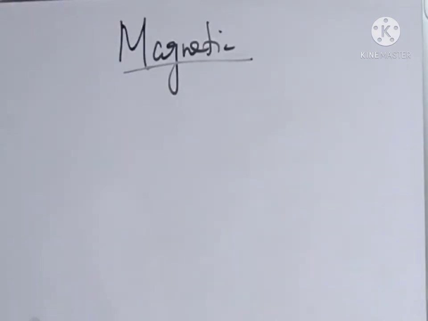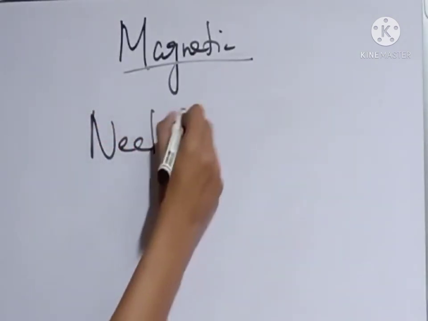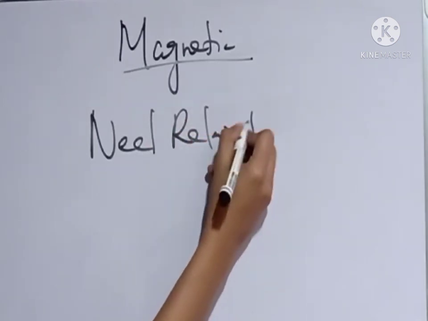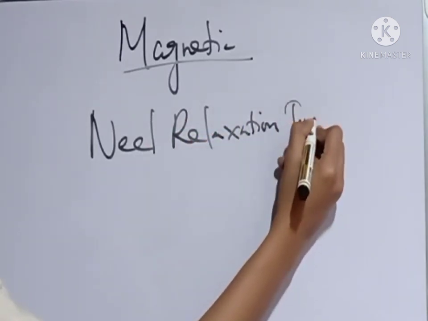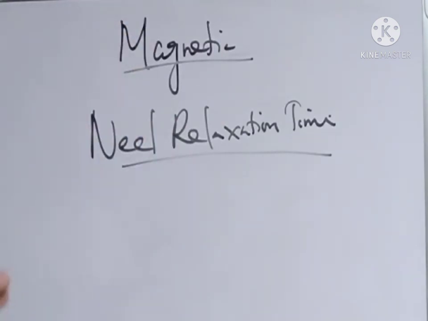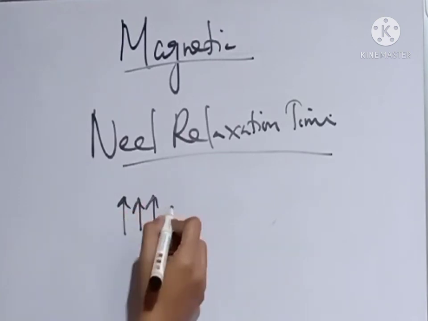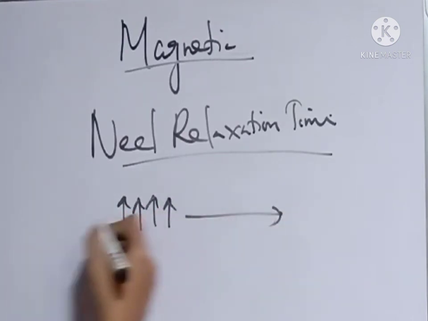One of the important terms we have to familiarize ourselves with when we study magnetic properties of nanomaterials is Néel relaxation time. We said that nanomaterials have magnetic properties. Consider nanomaterials as tiny magnetic particles.